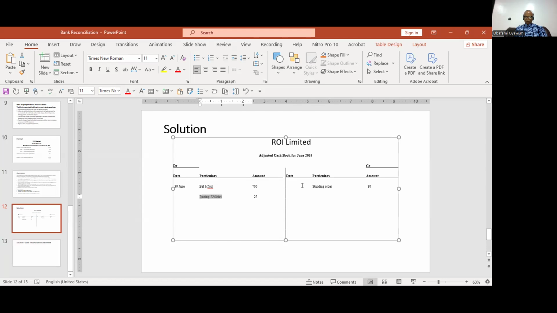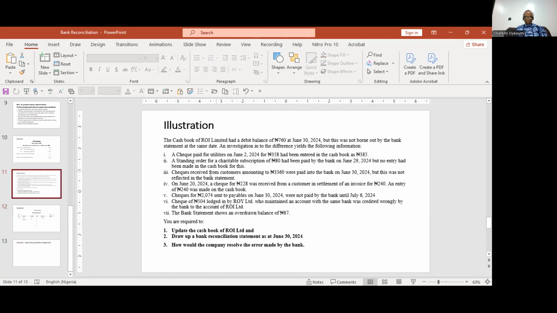So you move on. Let's see the next transaction. Checks received from customers amounting to 3360 were paid into the bank on June 30th, but this was not reflected in the bank statement. Of course, expectedly, there's always a time lag, like I said. Today in Nigeria, we talk about T+1, so it must be the date of deposit plus another day before you can get a credit.